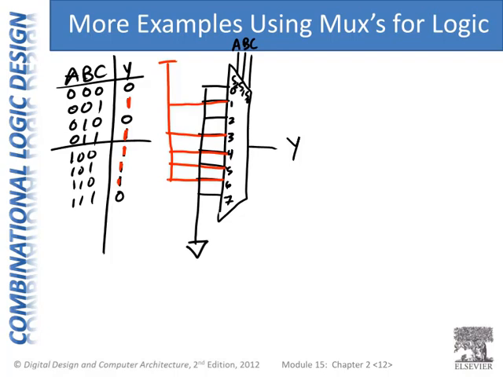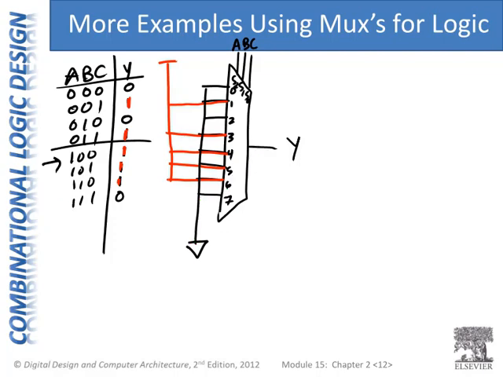So, for example, when A, B, and C are 1, 0, 0, our high voltage will be fed through input 4 to the output y. Likewise, when the input is 1, 1, 1, this low value will be fed to the output y.